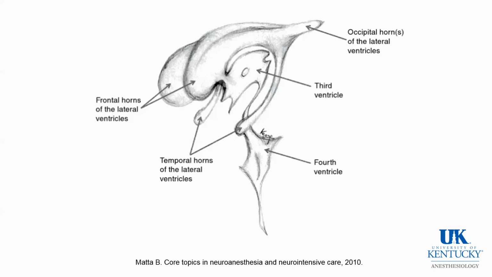There are two lateral horns, a third ventricle, and a fourth ventricle. Foramen of Monro, which connects the lateral ventricles to the third, and the aqueduct of Sylvius, which connects the third with the fourth. These are illustrated in the next few slides.